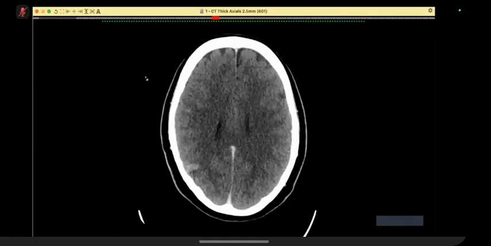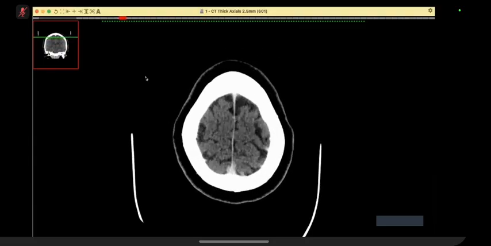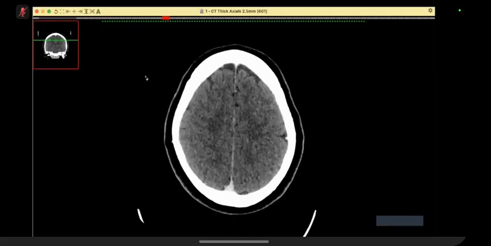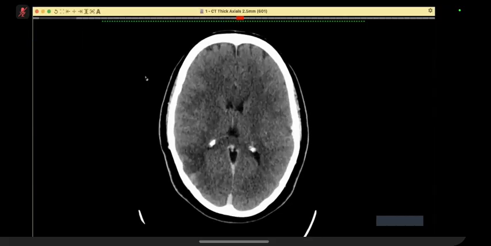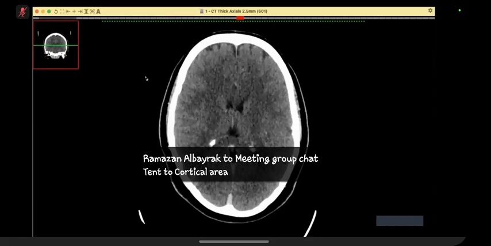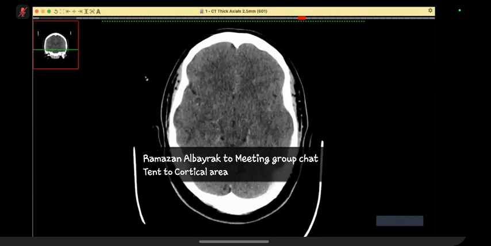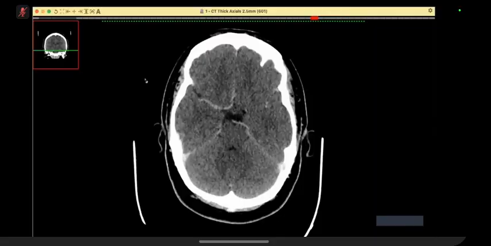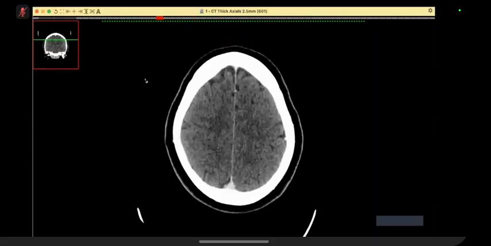So these are the contrast images, and here I can see that there is some gyriform kind of enhancement in that affected area, which is surrounded by edema.